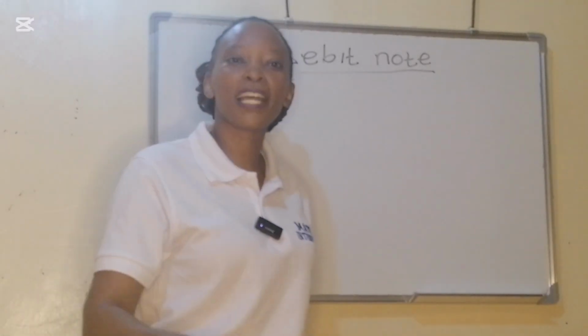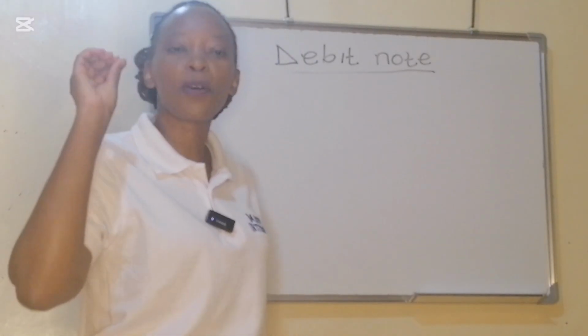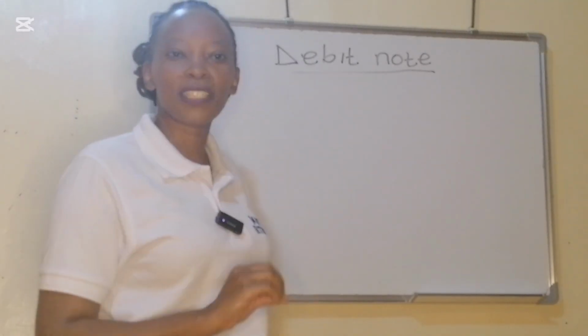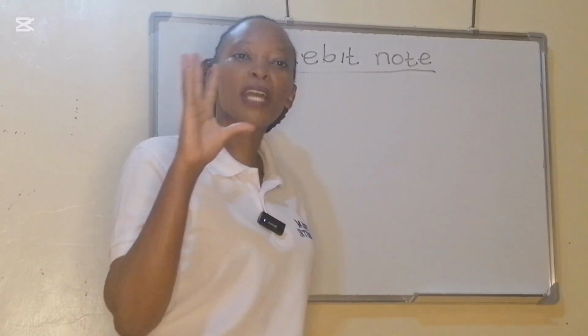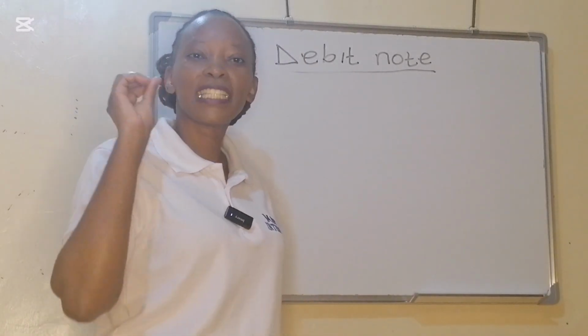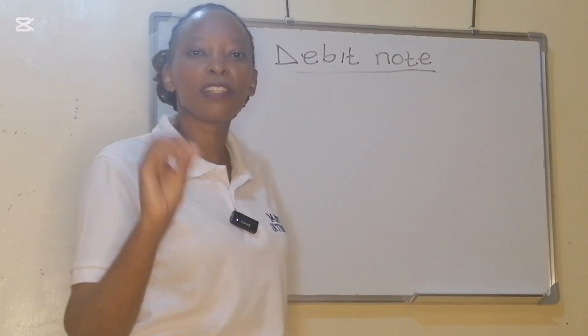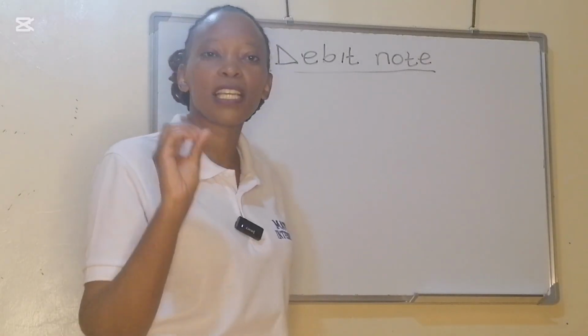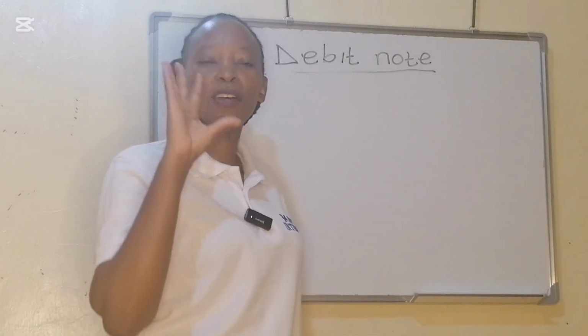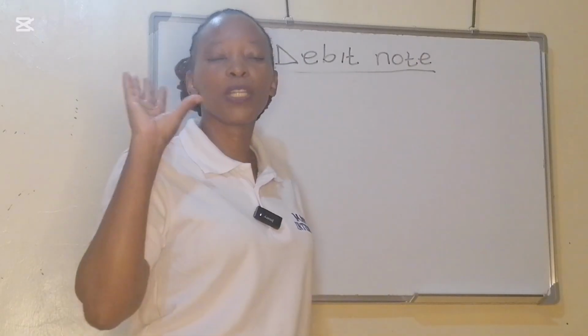You are able to claim the remaining amount from the customer. Thanks to the debit note, we are able to claim the remaining amount. You don't tear up the previous invoice. You don't delete the previous invoice and write another one. No, no, no, no. That is not the right accounting procedure.